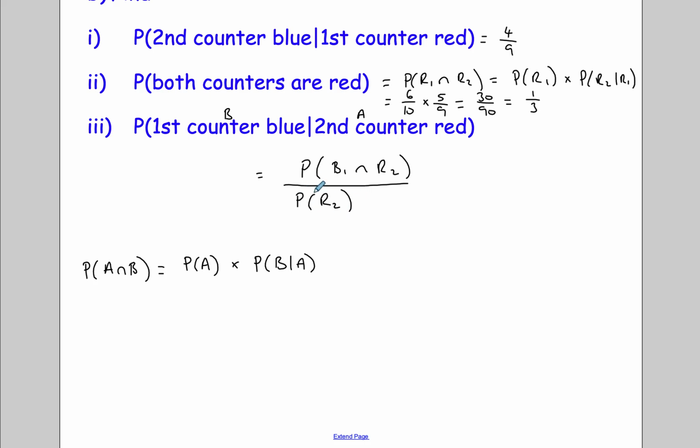Now that sounds really straightforward, but actually there are a few different things that could have happened for the second counter to be red. So that's what we're going to be thinking about next. How could I get my second counter to be red?